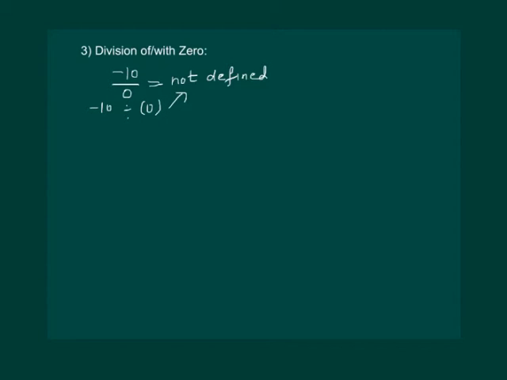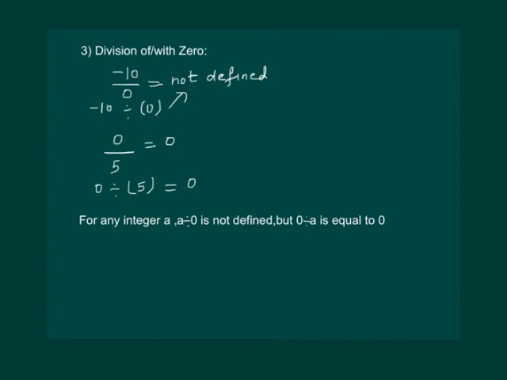But 0 by 5 is equal to 0. That means if we divide 0 by any integer, then the answer comes out to be 0. So we have, for any integer a, a divided by 0 is not defined, and 0 divided by a is equal to 0.